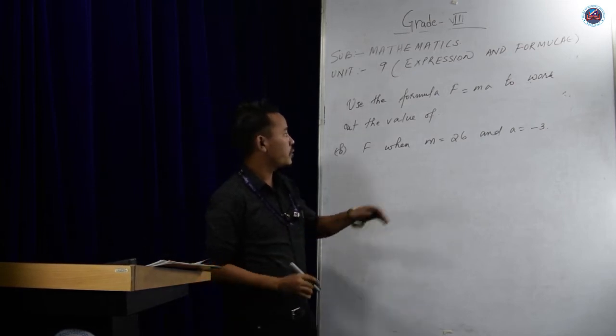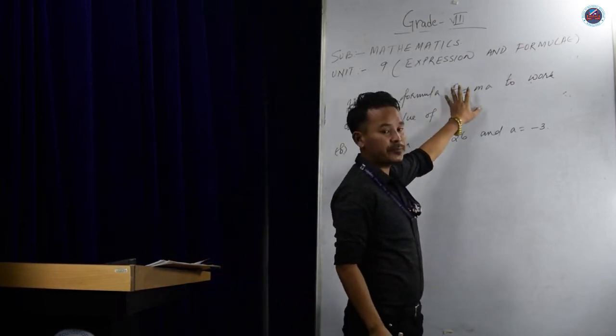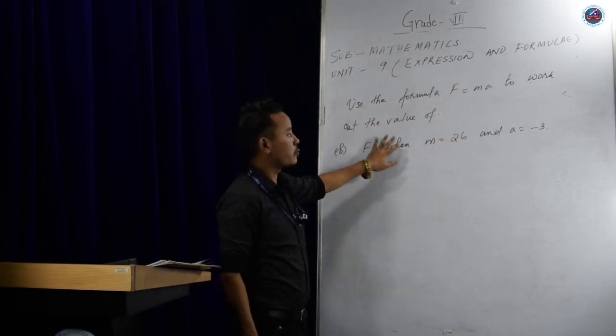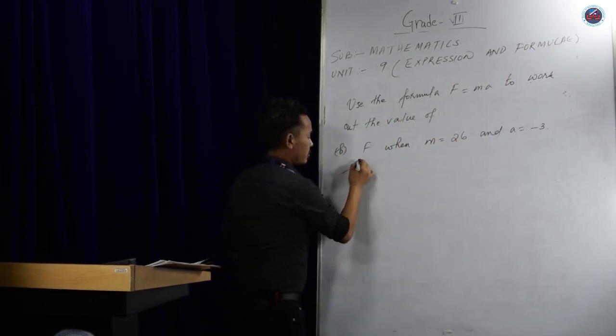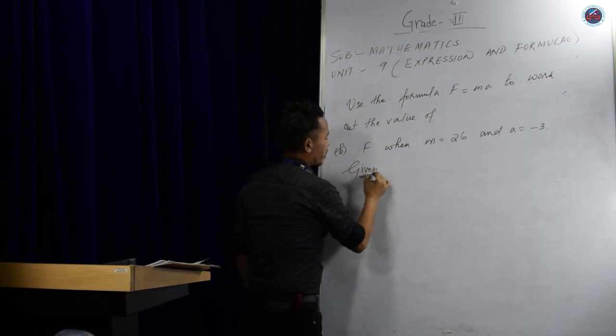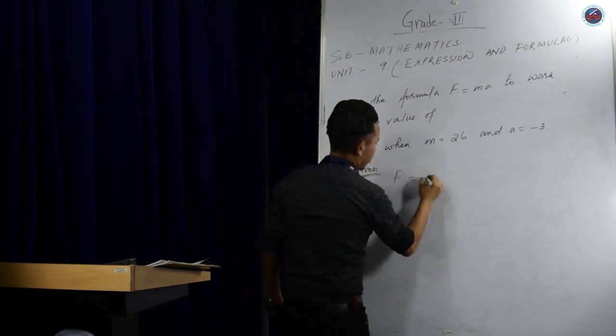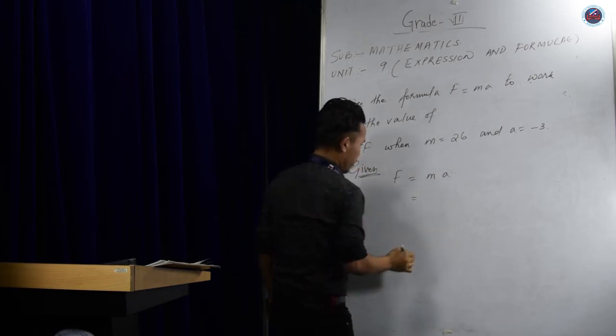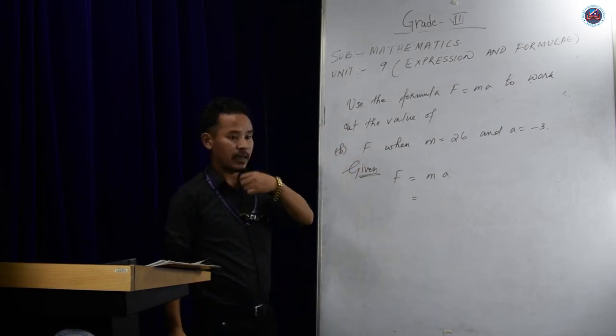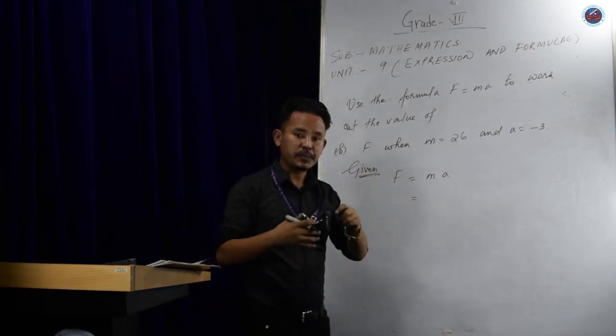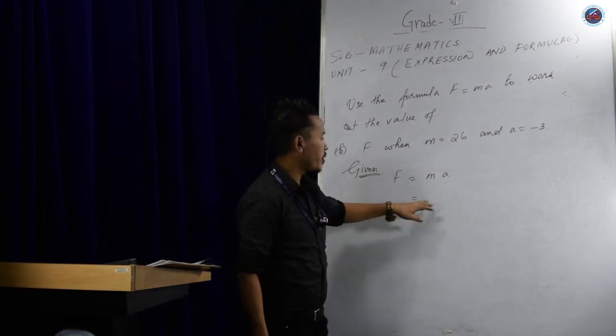So here they have already given us the formula. We have to use this formula and work out the value. Given F equals ma, as in the previous topic, this is like substituting the values.